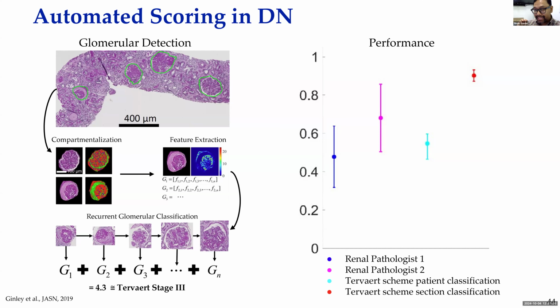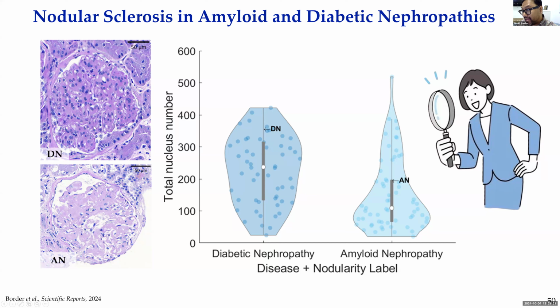And we found that diabetic nephropathy has more cellularity than amyloidosis, which is basically AI telling us, based on features, something that human eyes may not apparently tell us, right? Consequently we figured out the data from those corresponding regions, and we found the changes. We saw how they look different. So AI can pull that information out.